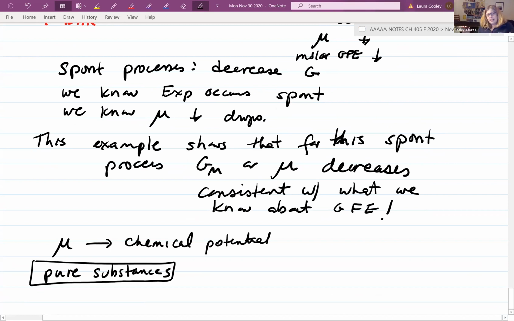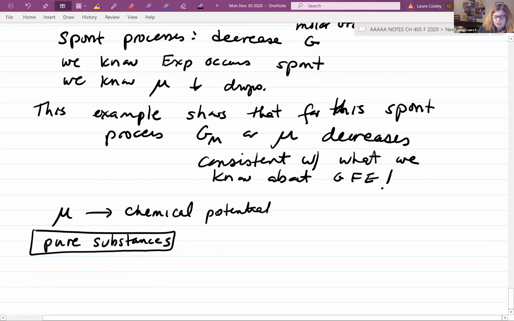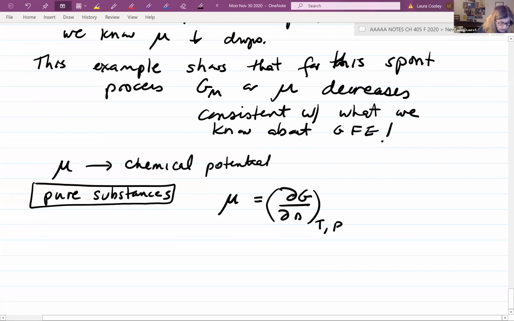We haven't talked about any mixtures, no reactions yet or anything. We're talking about pure substances. This mu is actually dG/dn, the derivative of the Gibbs free energy with respect to moles, if temperature and pressure are held constant. So it's how the Gibbs free energy changes with changing moles of a substance.